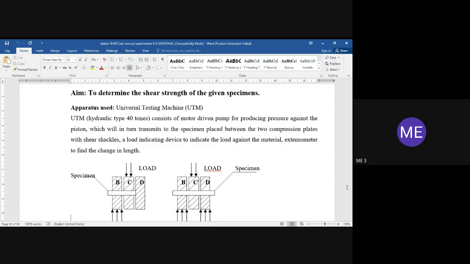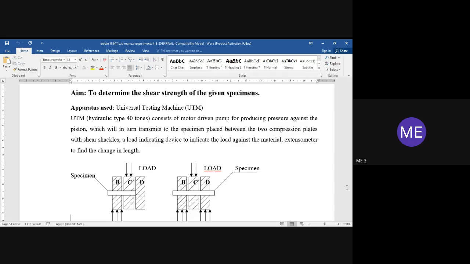Because when you use the scissors, it applies shear load or shear stress, not compression load or tensile load. Even hair cutting, paper cutting, and sheet metal cutting in automotive body industries or aircraft industries, all come under shear loading.